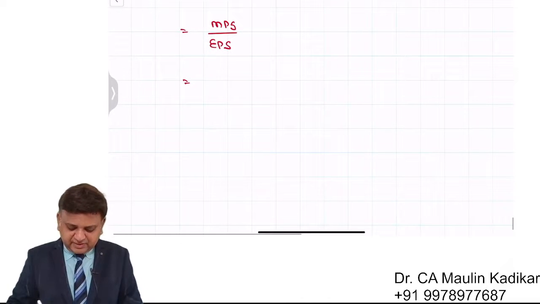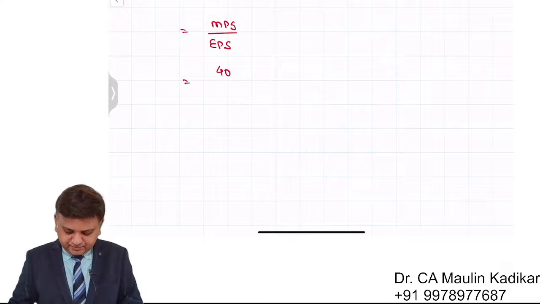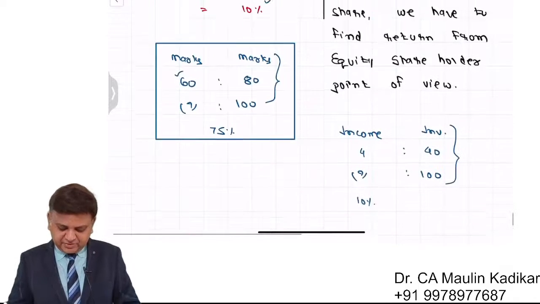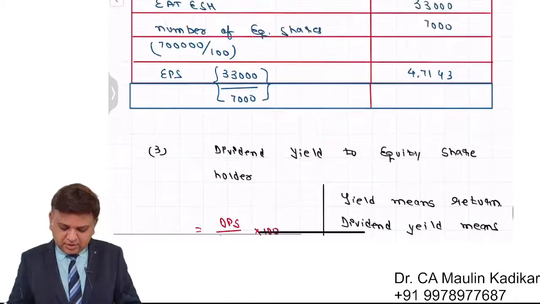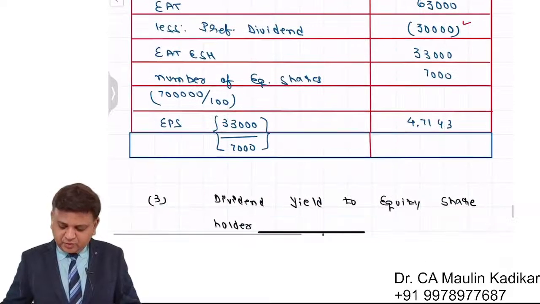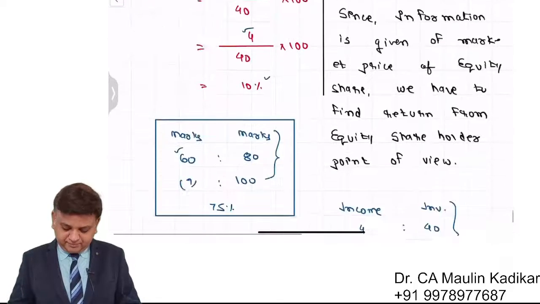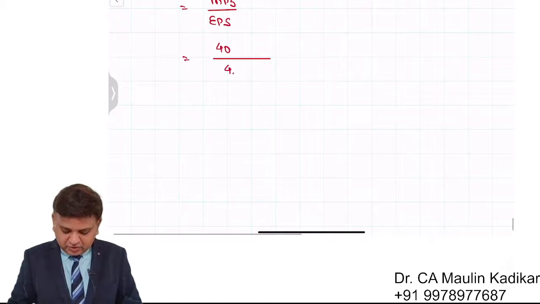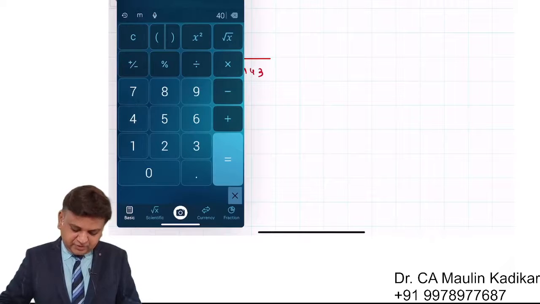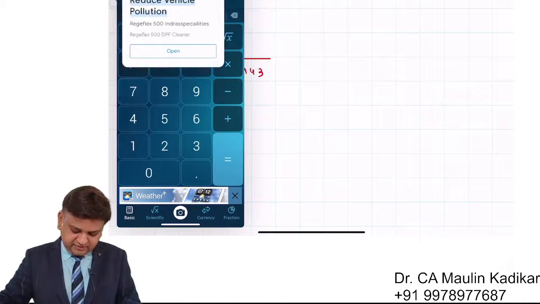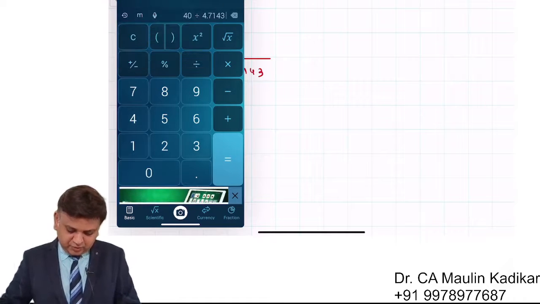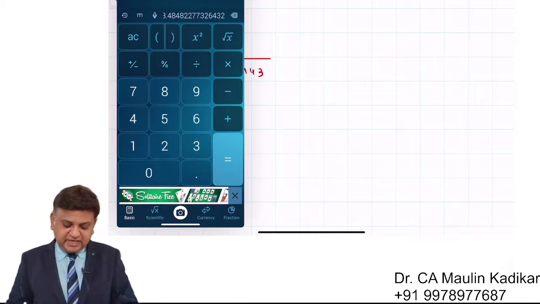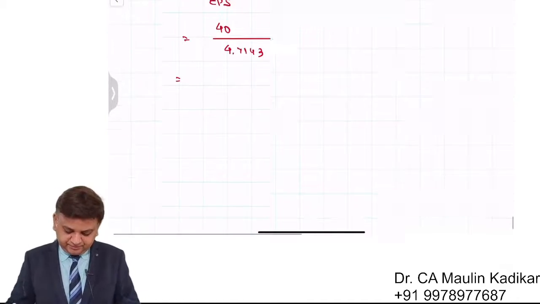Dear students, everybody is requested to pay attention. 40 rupees is the market price divided by earning per share. Earning per share is 4.7143. So 40 divided by 4.7143 is 8.48 times.